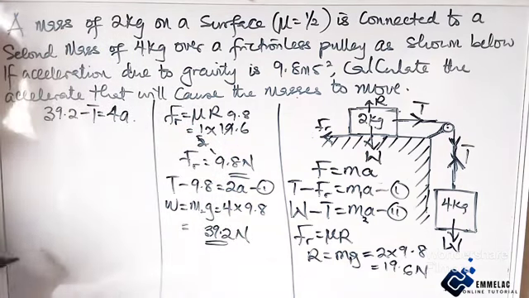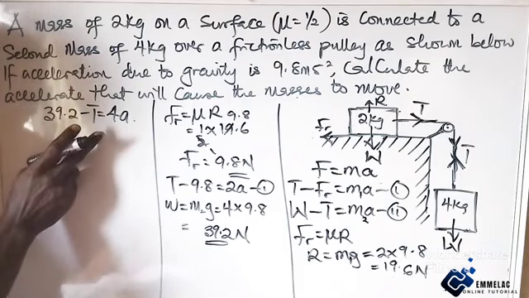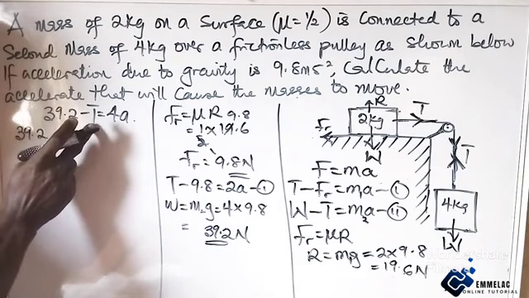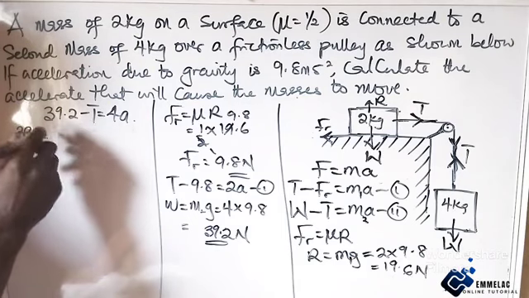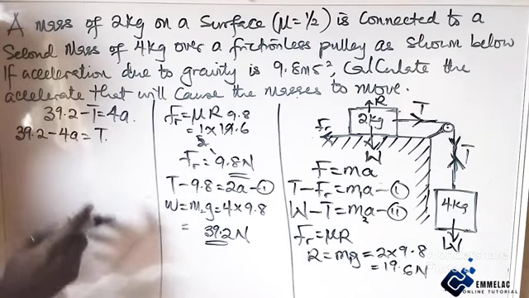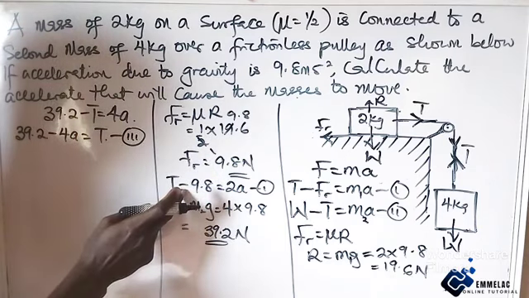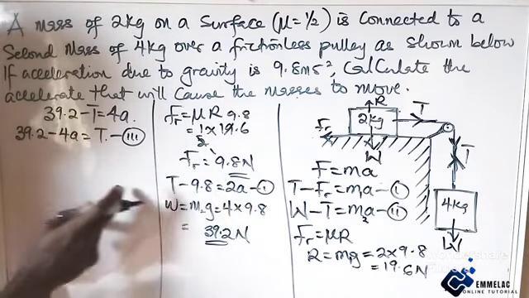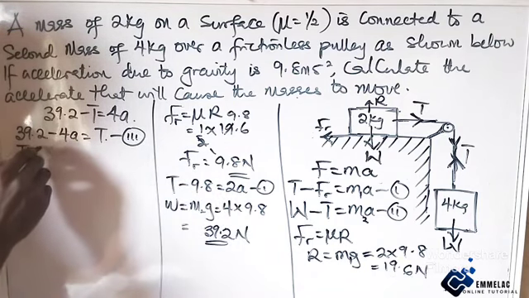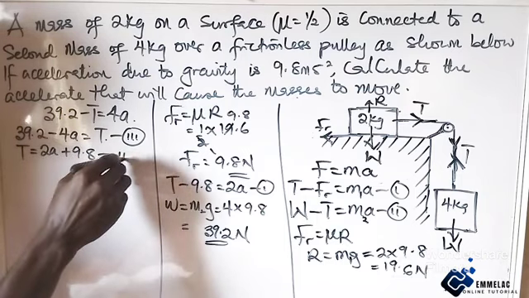Okay, so with this we can now say the tension here will now be 39.2, making T the subject of the relation, minus 4A equals T. Now let us make this equation 3. Now from here we can also make T the subject of the formula. So we can now say T equals 2A plus 9.8, which is equation 4.